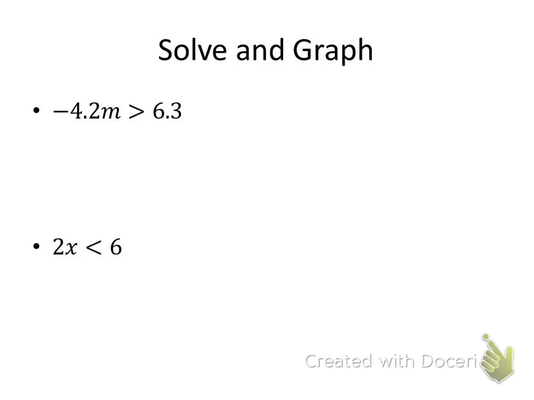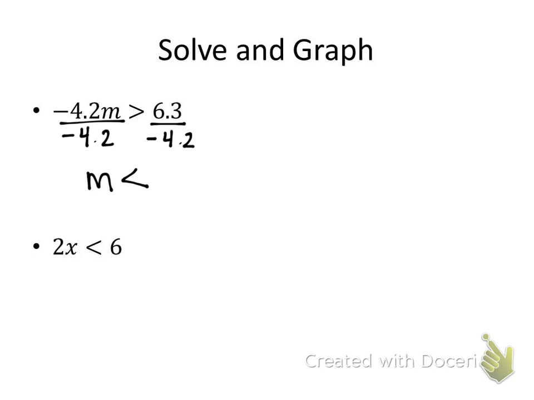So I've got to move a negative number to this side by multiplication or division, you have to flip your sign. So if I have to divide by -4.2, I'm going to get m. I flip my sign. Look what it was in the beginning. It was greater than.